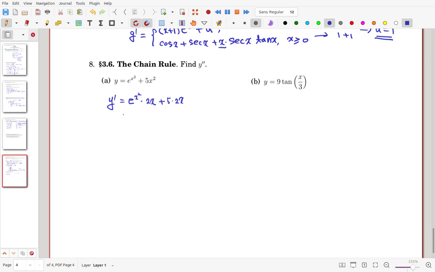So we can rewrite here 2x e to the x squared plus 10x.